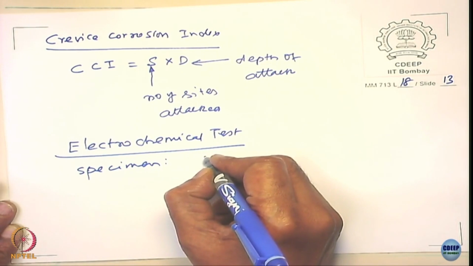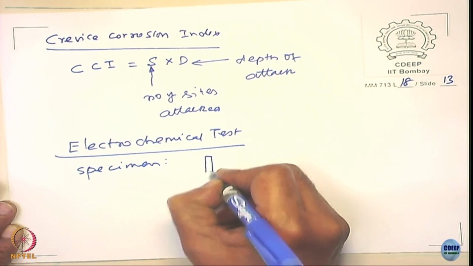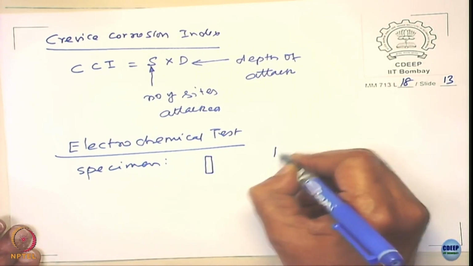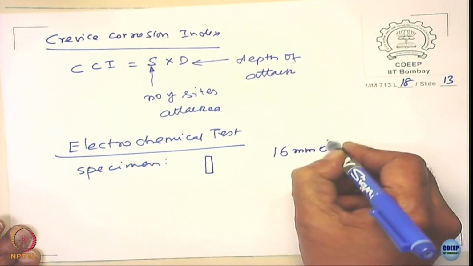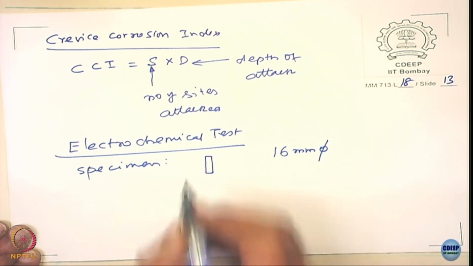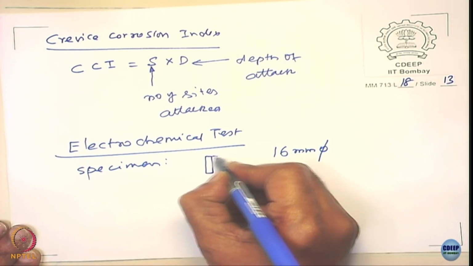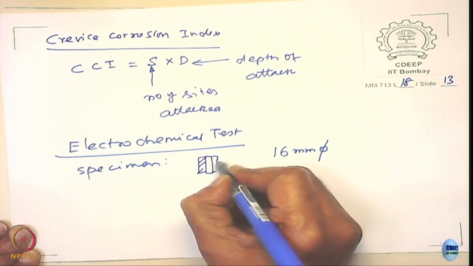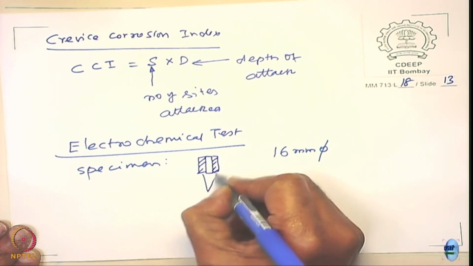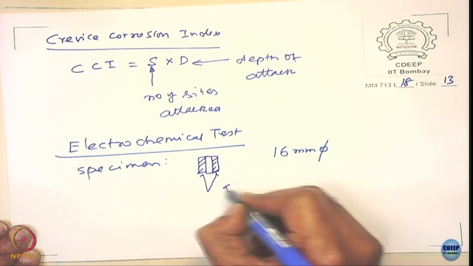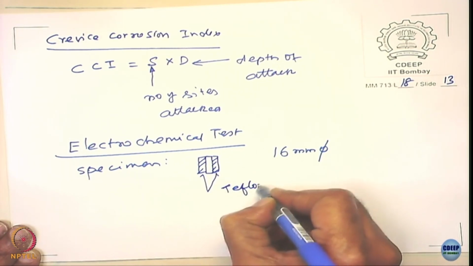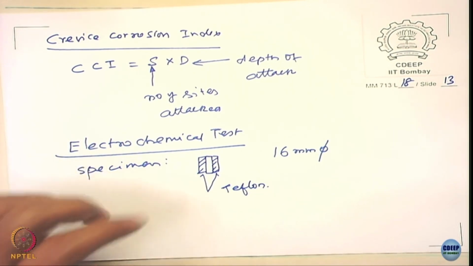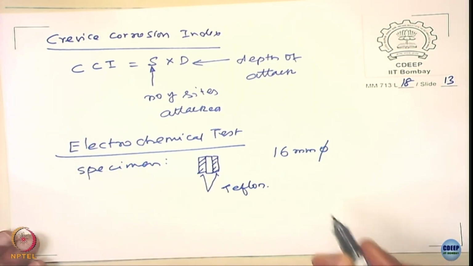Suppose you have a sample of about 16 mm diameter, and you cover it with a Teflon, PTFE. This is your electrode, and you carry out potentiodynamic polarization.